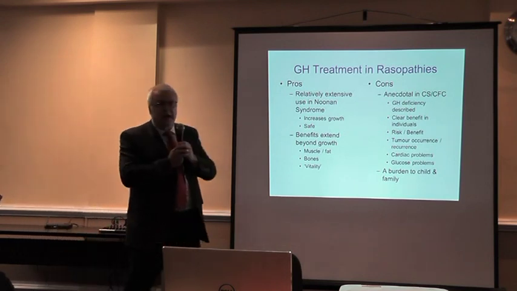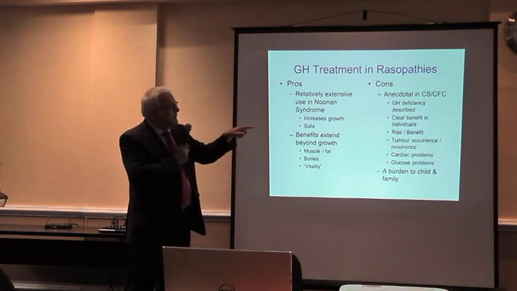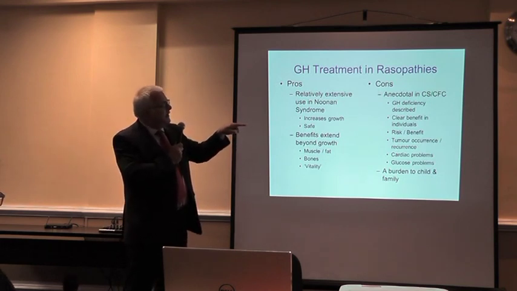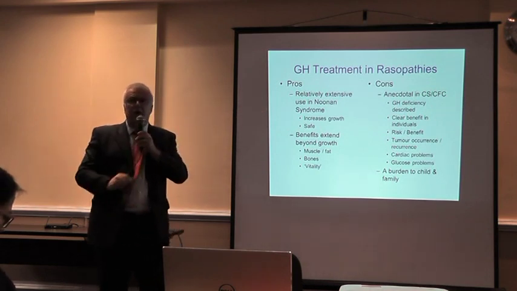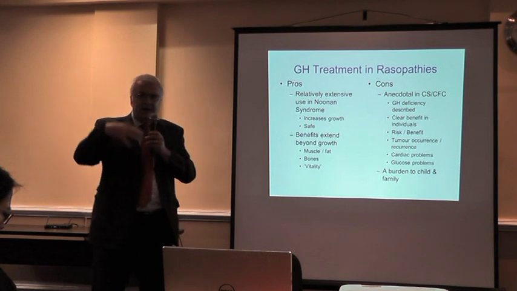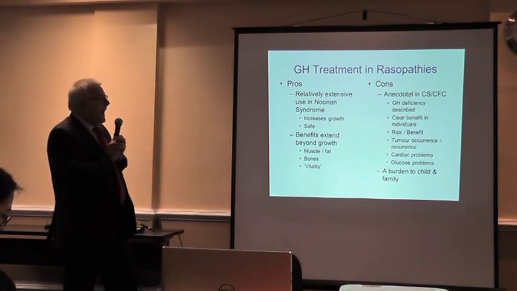We recognise cardiac problems, and there's been a lot of effort looking at cardiac problems, particularly in Noonan syndrome, and really growth hormone has not to any extent in groups of children exacerbated the cardiac problems.